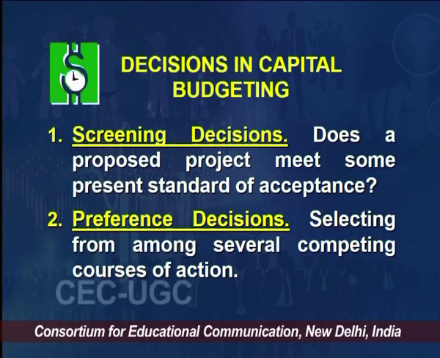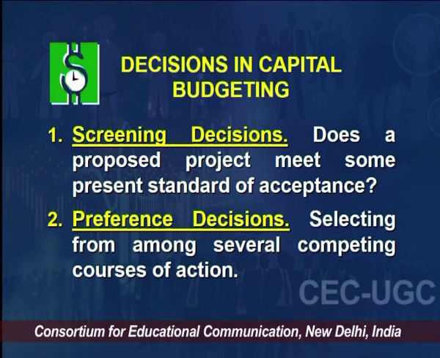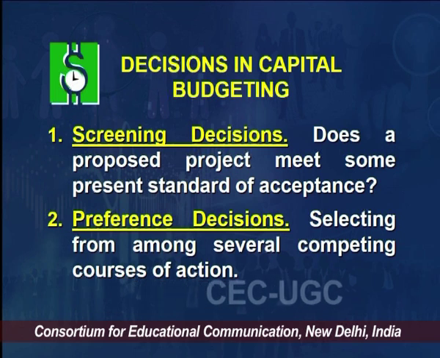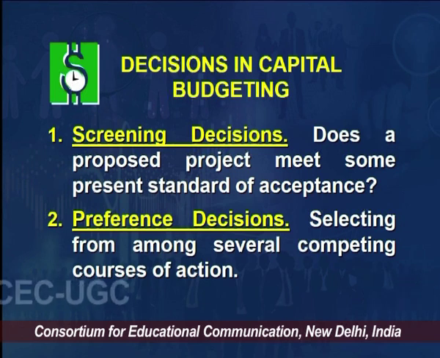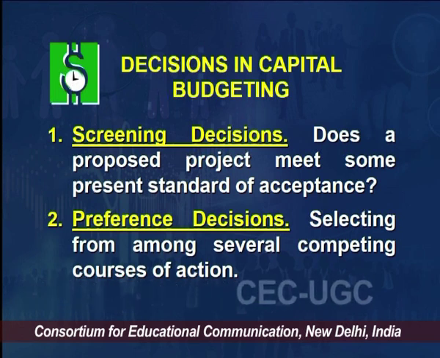Accordingly we divide these decisions into two parts, screening decisions and preference decisions. When I say screening decisions, it means does this proposal or project meet some present standards of acceptance or not, and the second, the preference decision, means selecting amongst several competing courses of action or proposals.